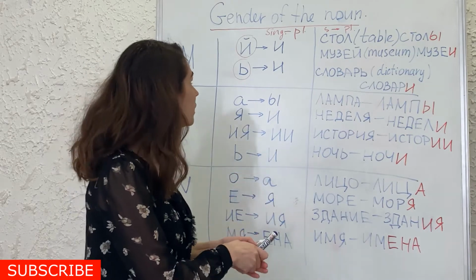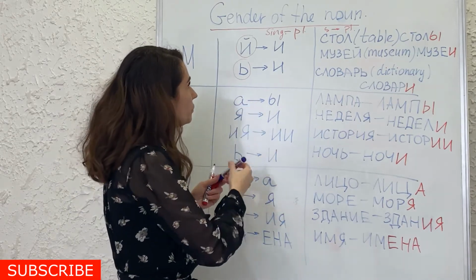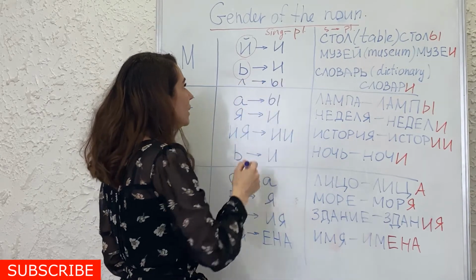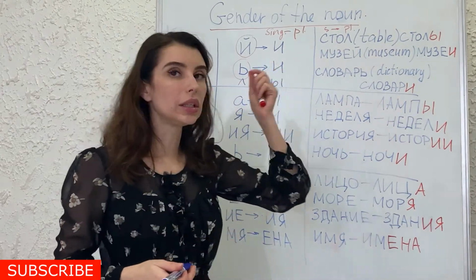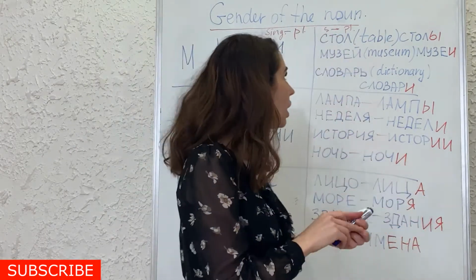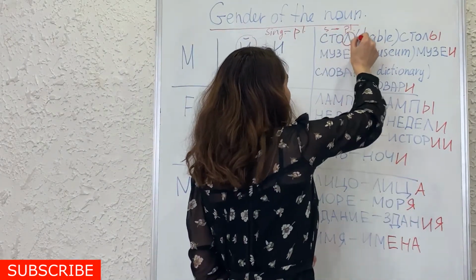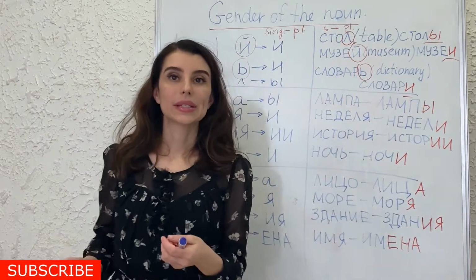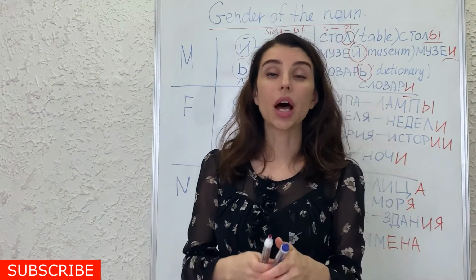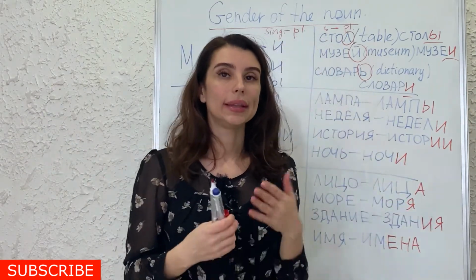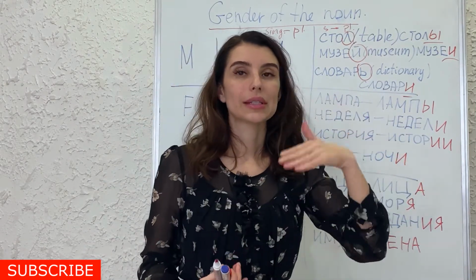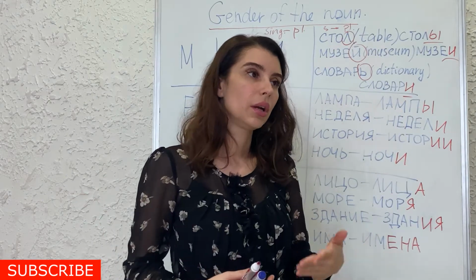Here, стол, столы. И at the end. So столы, a lot of tables. Стол is a masculine noun, and и at the end means a lot of, if you are talking about plural.